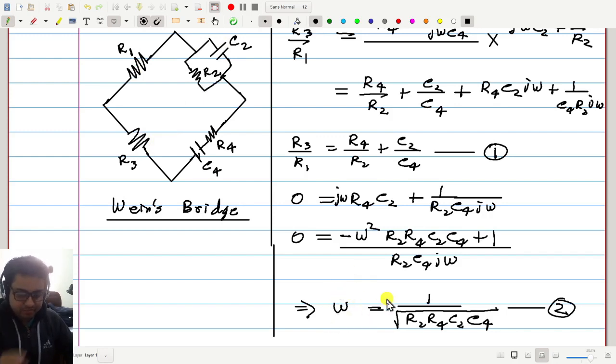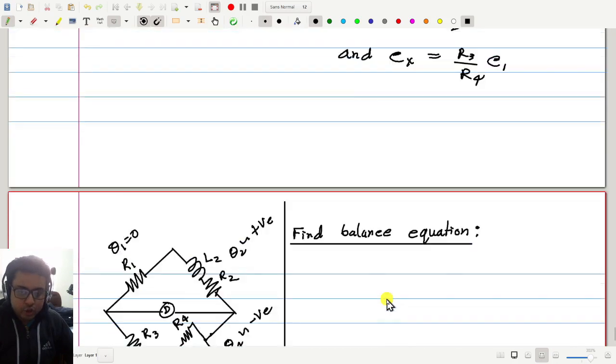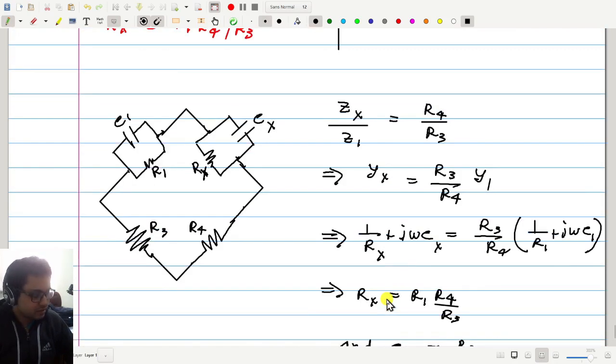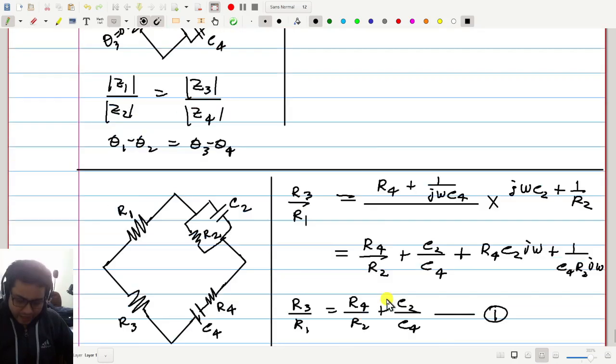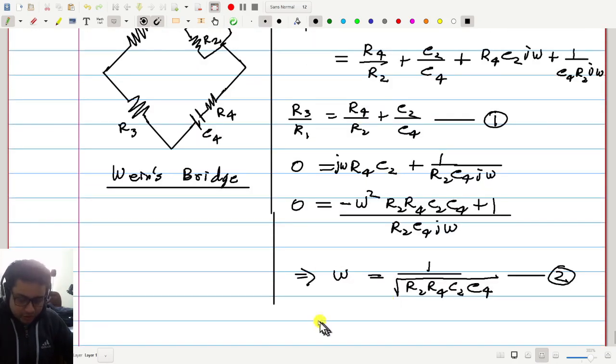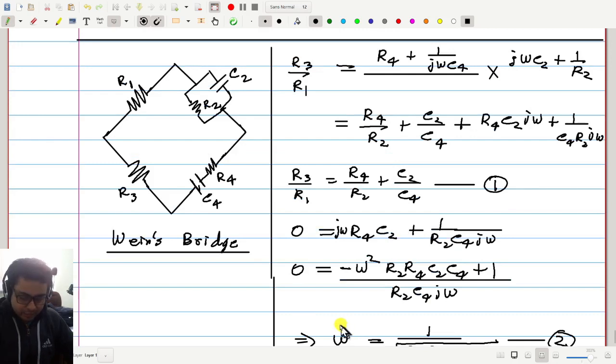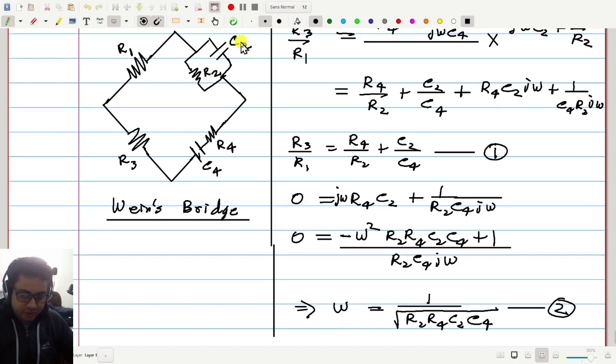But if your purpose is to make a simple bridge, then you may rather use something else. Yes please. Sir, why do we not measure capacitance from this bridge? You can, in principle, if omega is known and all other parameters are known, and only say R2 C2 is unknown, you have two equations and two unknowns, so you can in principle solve them.